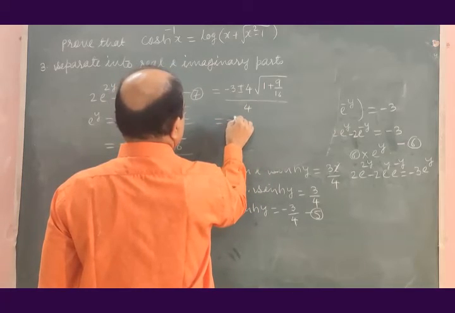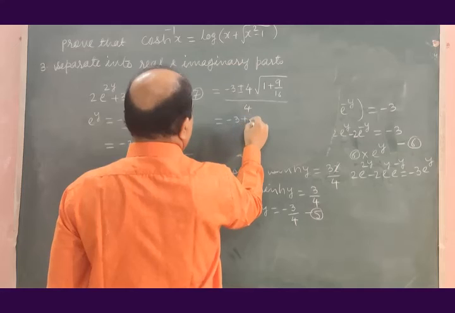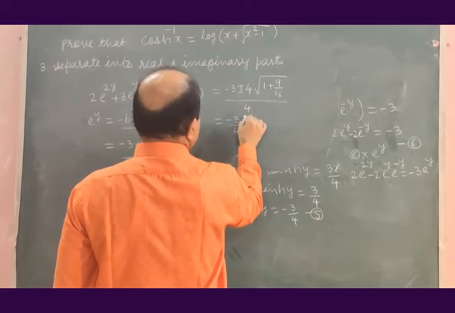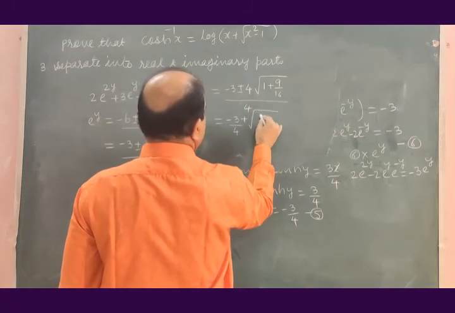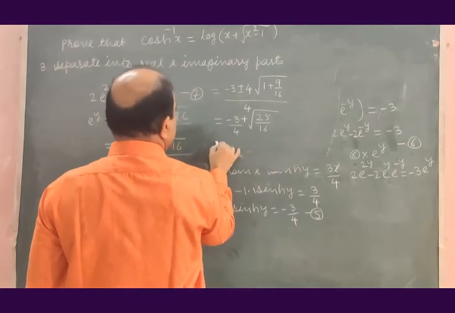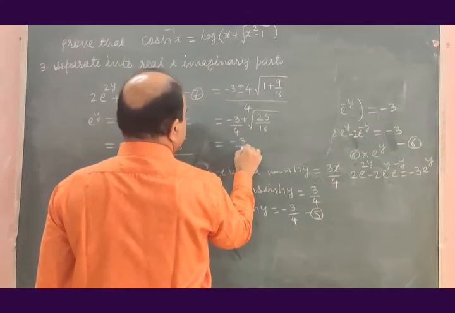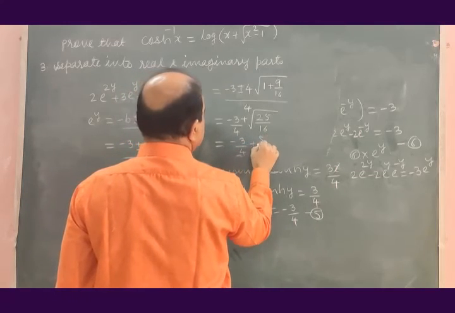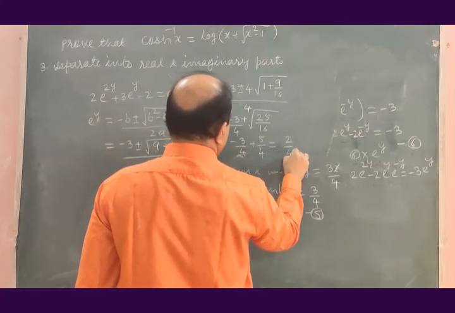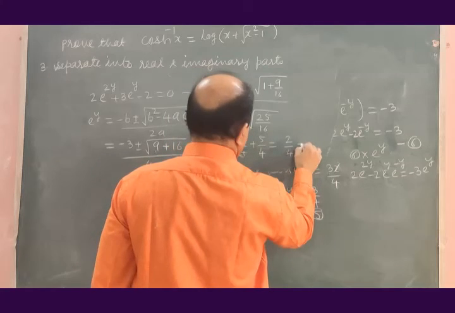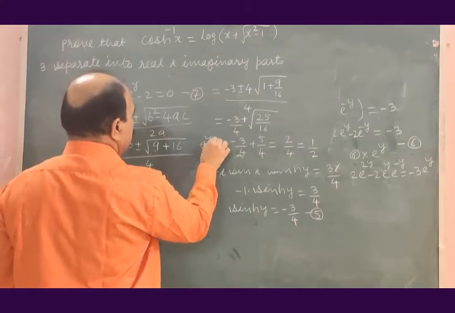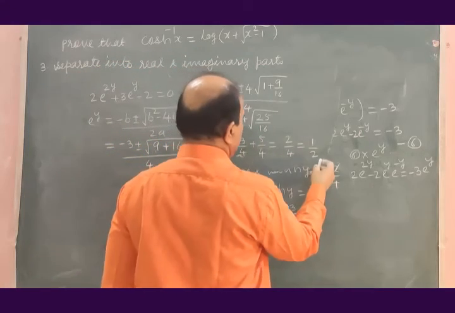This is minus 3 by 4 plus or minus square root of 25 divided by 16. This is minus 3 by 4 plus 5 by 4 is equal to 2 divided by 4, or it is just 1 divided by 2. So we got e to the power y is equal to 1 divided by 2.